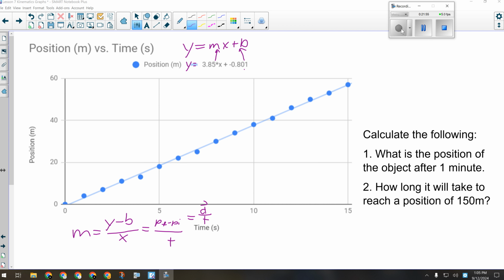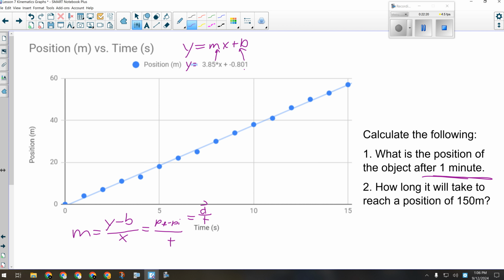All right, if I'm looking at this graph, if I want to solve for position, what part of the equation am I solving for? Y. Okay, because position is on the y-axis. So I need to solve for whatever y is when x is 1 minute.